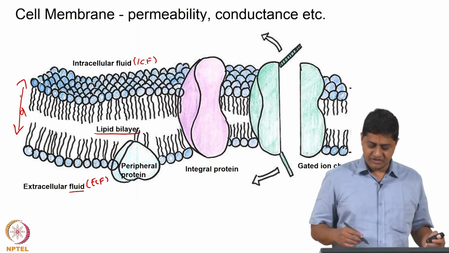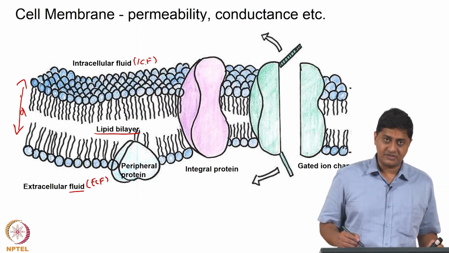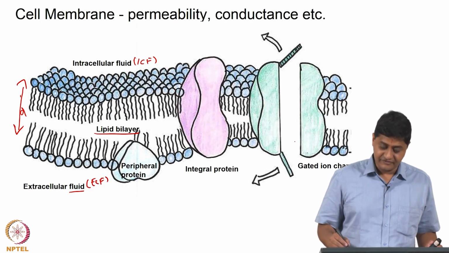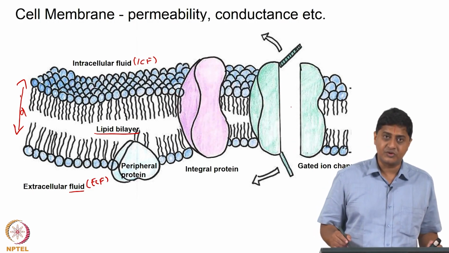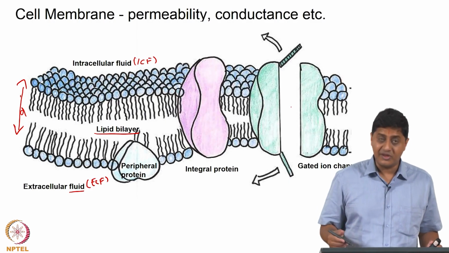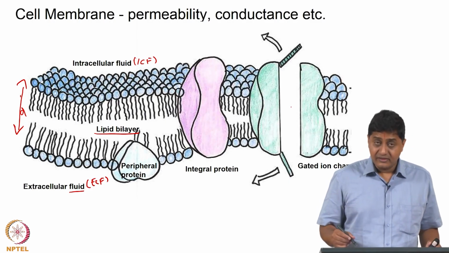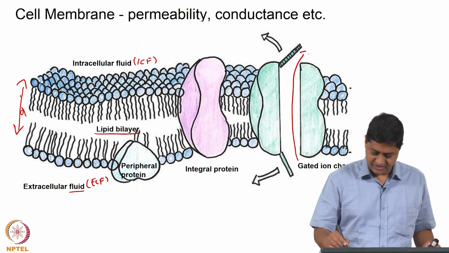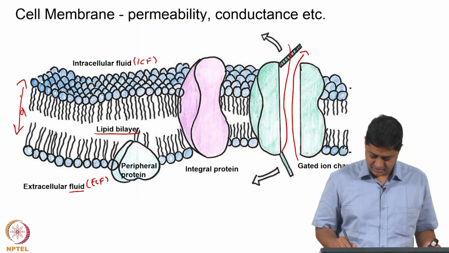So there is exchange of solutes, in this particular case ions, from one side to the other. Say for example, if this channel is open, and let us suppose that this channel allows many ions, then this channel allows transport of ions in this direction as well as in that direction.